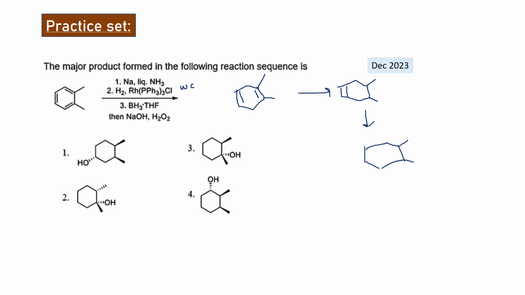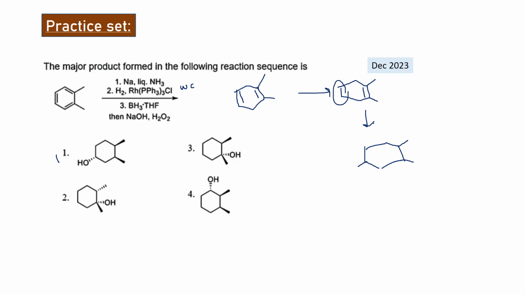So the correct option will be option 1. Sorry. Specifically this double bond will be reduced because it's less bulky.